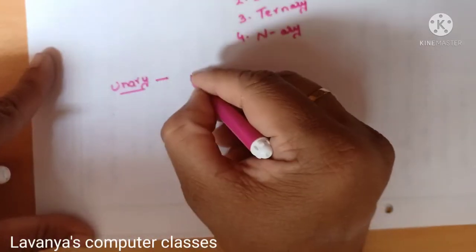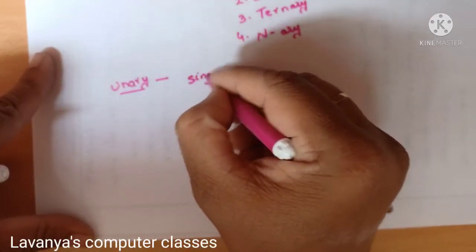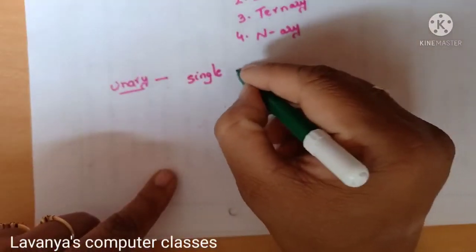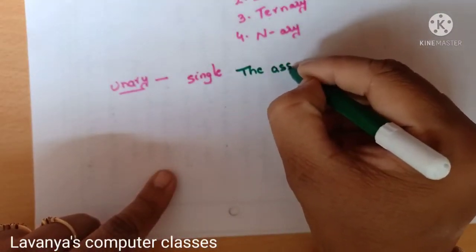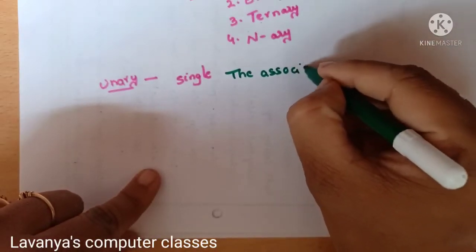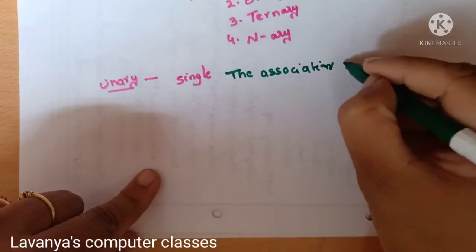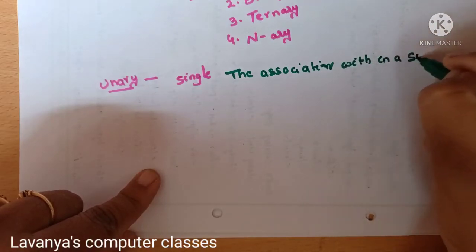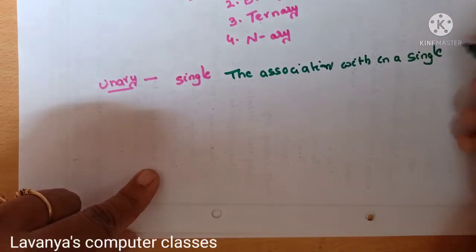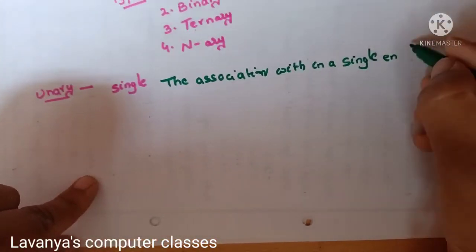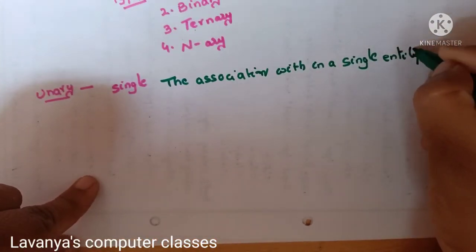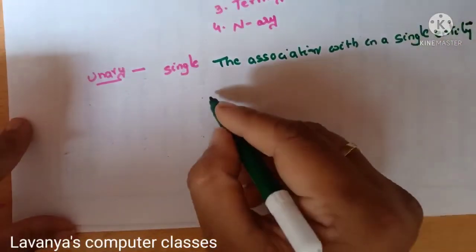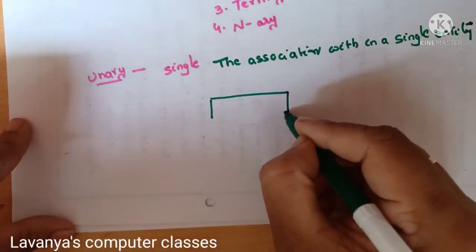Unary relationship. Unary means 1, single. That means in this relationship, the association is with only one entity set. You are maintaining a relation with only one single entity set, which is known as a unary relationship.